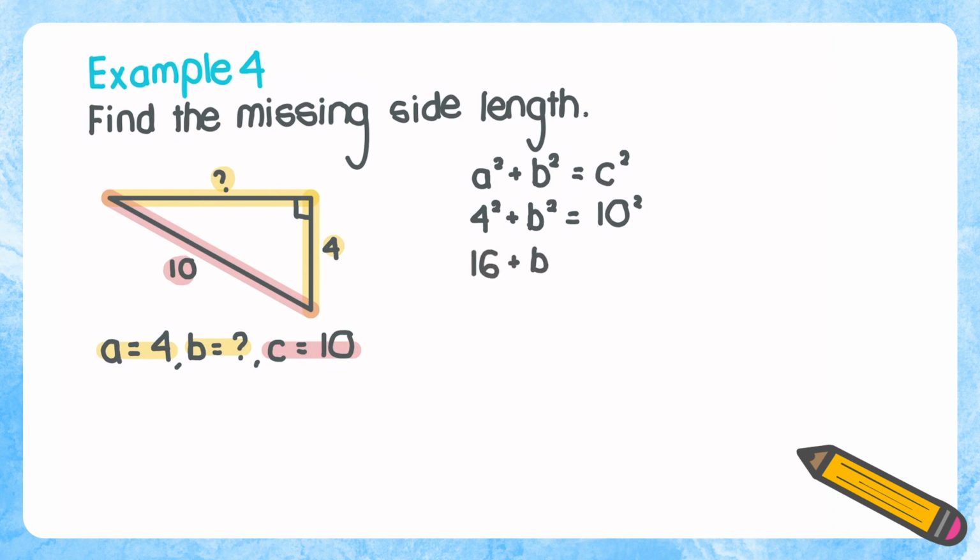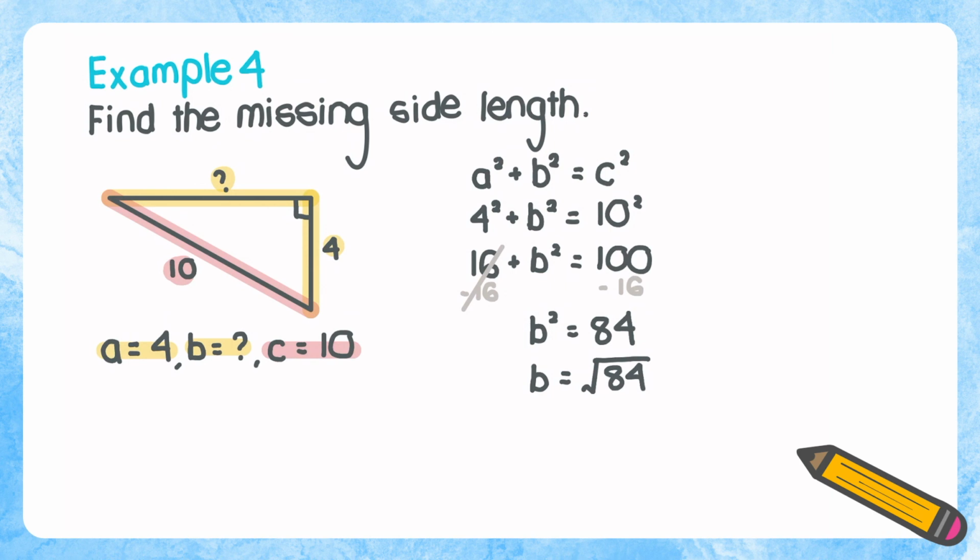16 plus b squared equals 100. And I want to isolate b, so I'll subtract 16 from both sides. And remember, you can pause and rewind the video whenever you need to. We're left with b squared equals 100 minus 16, which equals 84. And we take the square root, so b equals the square root of 84.